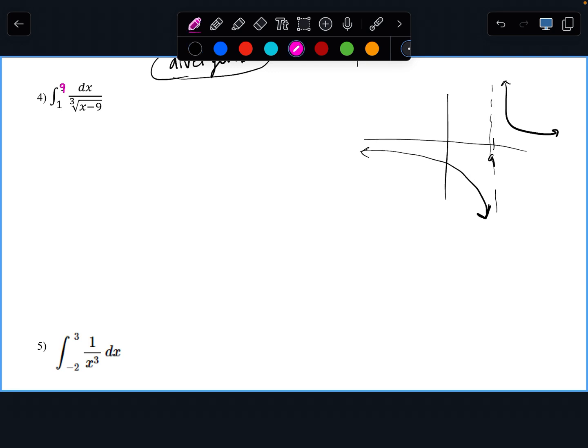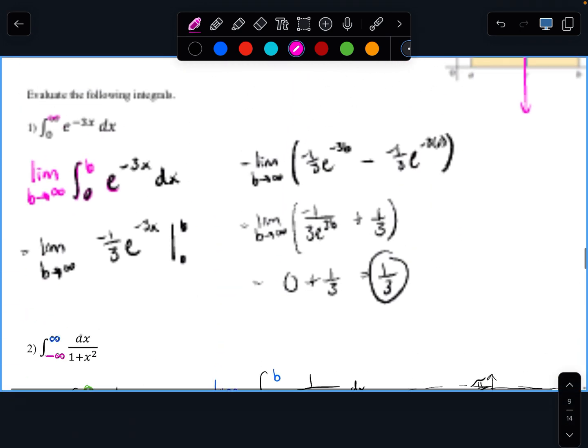So how do you rewrite that? Because you're not going to do infinity. You're going to do the b thing. You're going to do the limit as b goes to, but not infinity, because you're approaching 9.